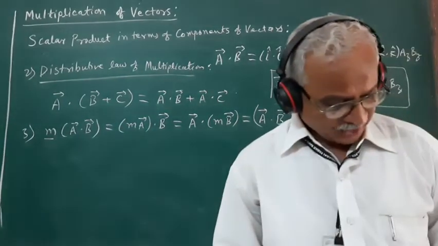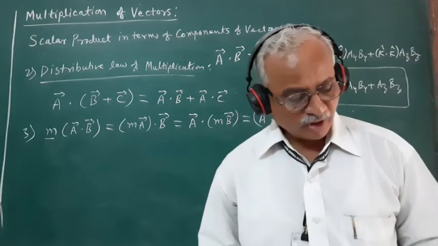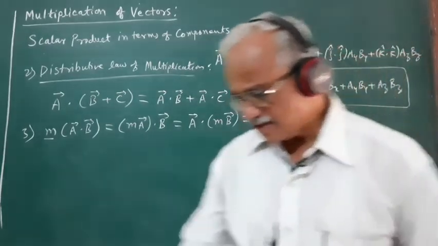So let us see a few examples of this dot product or scalar product of the two vectors.